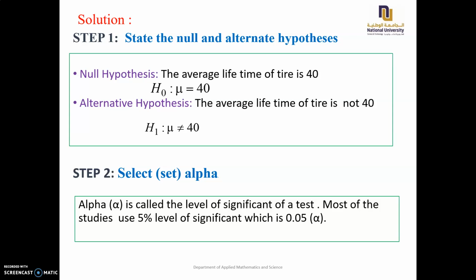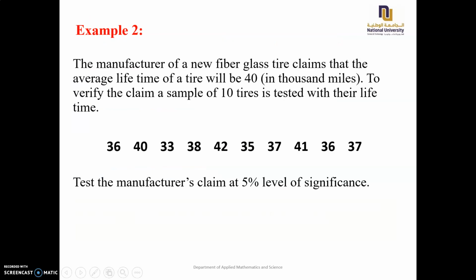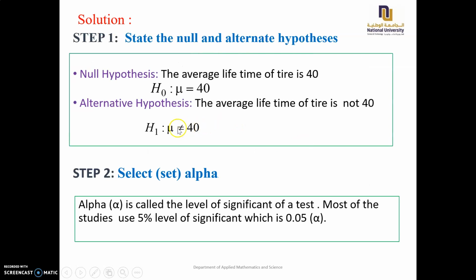The alternative hypothesis, we will take the opposing one, which is that mu is not equal to 40. Why are we not taking greater or less than? Because nowhere is it mentioned that we want to claim whether the mean lifetime is greater than 40 or less than 40. So we will take the unequal sign in the alternative hypothesis.